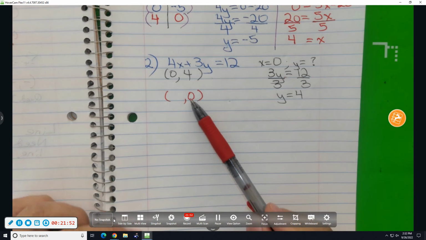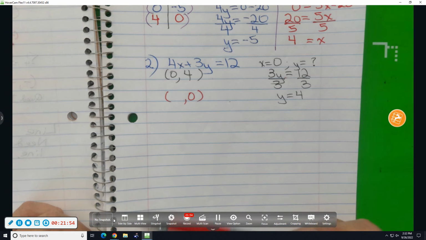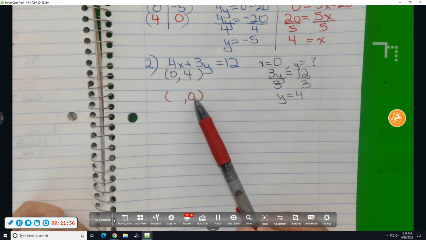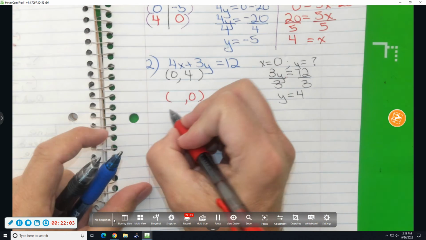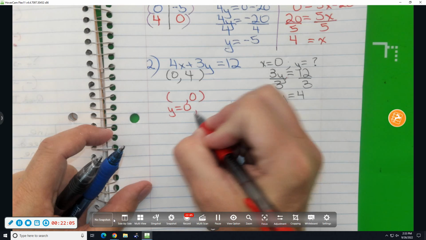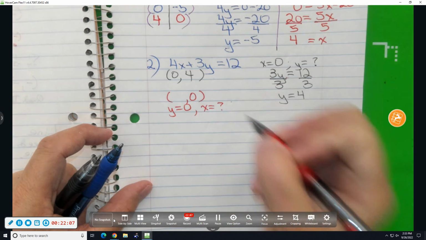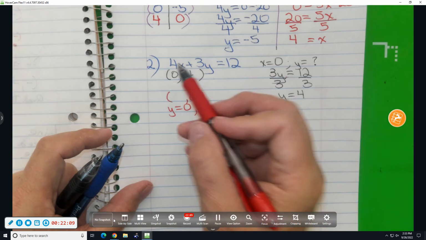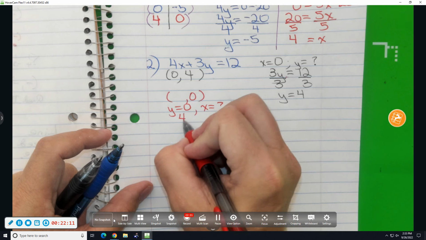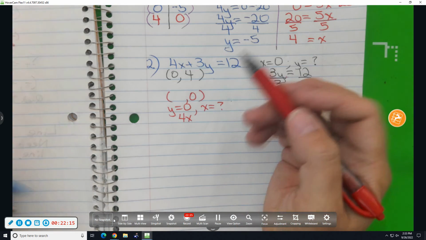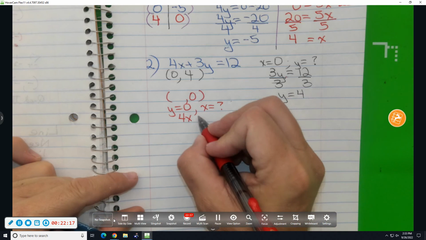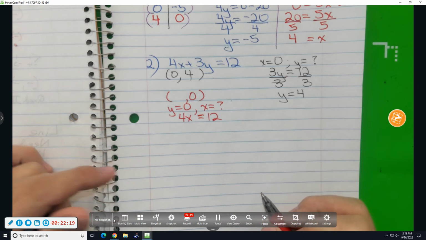So what is this second ordered pair telling us to do? Plug in 0 for y. That second number is the y value. Solve for x. So we're plugging in 0 for y. What does x equal? So we have 4x. 3 times 0 is 0. So 4x plus 0 is just 4x equals 12.